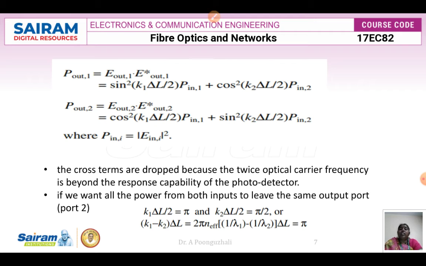So here, if I want all the power from both the inputs to leave the same output port, I can write K1 del L by 2 is equivalent to pi, and K2 del L by 2 is equivalent to pi by 2, or K1 minus K2 into del L is equivalent to 2 pi N effective into 1 by lambda 1 minus 1 by lambda 2 into del L, that is equivalent to pi.